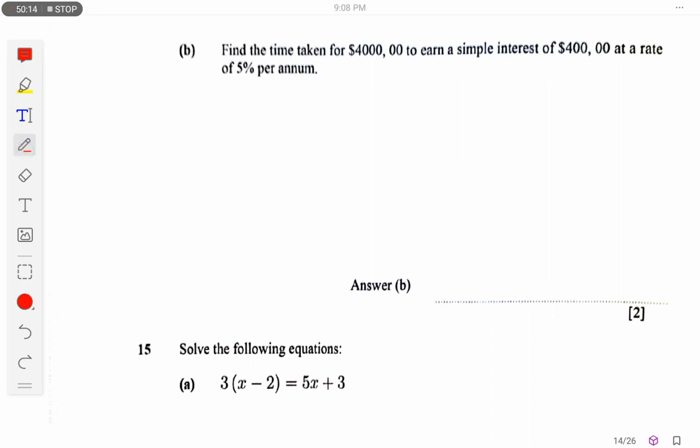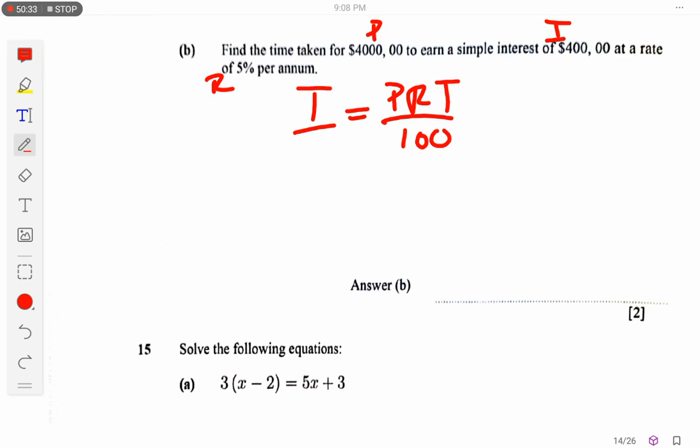So our 4,000 is our principal value, then our $400 is our interest, and our 5 is our rate R. Our formula says I is equal to PRT over 100. We are looking for T. If I want, I can make T the subject of the formula, or else let's use it directly like this. My interest is 400.